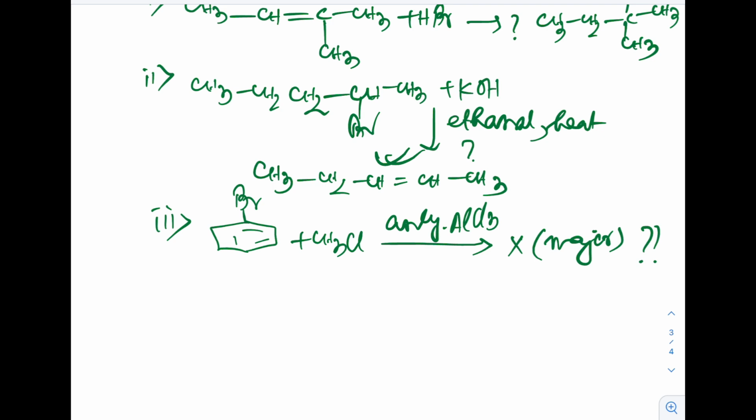Br, any halogen, is ortho-para directing, but due to steric repulsion, the para product is going to be the major product. So X will be para-methyl bromobenzene. The methyl group will be inserted into the para position to be less sterically hindered, and that's why this para isomer becomes the major product.